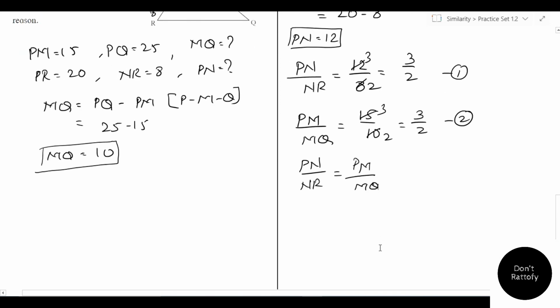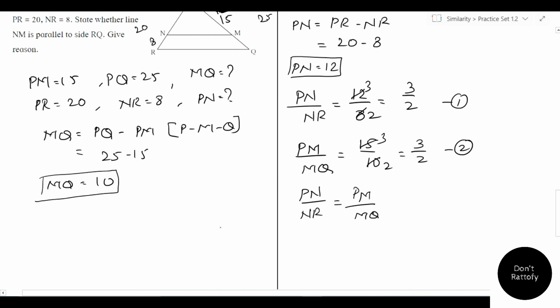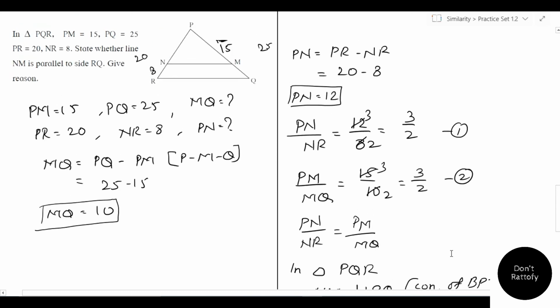So I can say that in triangle PQR, NM is parallel to RQ. This is by converse of basic proportionality theorem. So I have proved here that NM is parallel to QR, and the reason is converse of basic proportionality theorem.